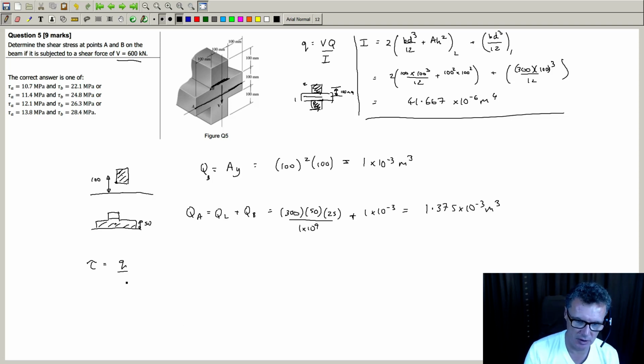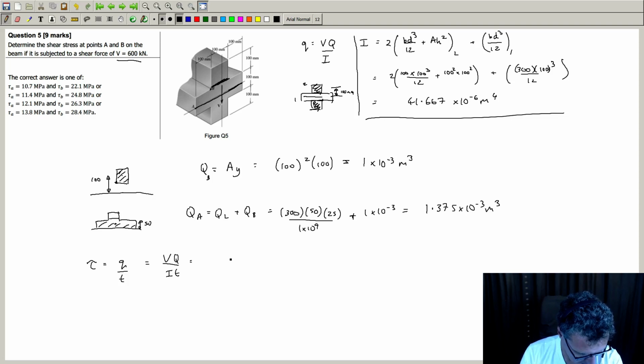So you've got Q divided by width, which is normally given T for thickness. So we are going to be plugging in V, Q, and its thickness in the horizontal section, IT.